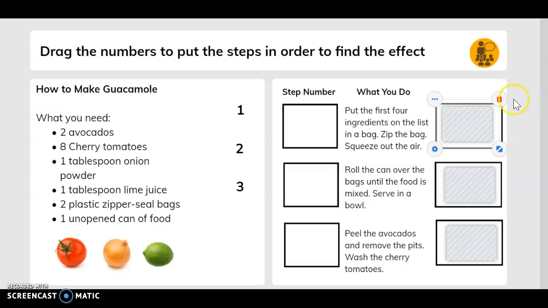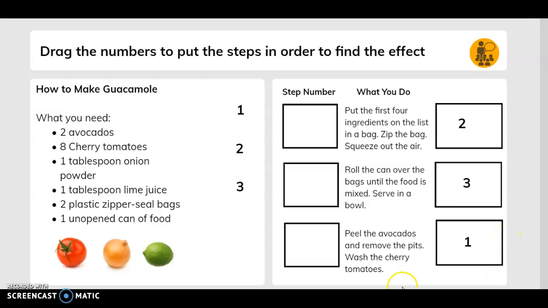So what you do is you're gonna first put the first 4 ingredients on the list in a bag and zip the bag, squeeze out the air. So that's not the first step. That's the second step. So let's see.